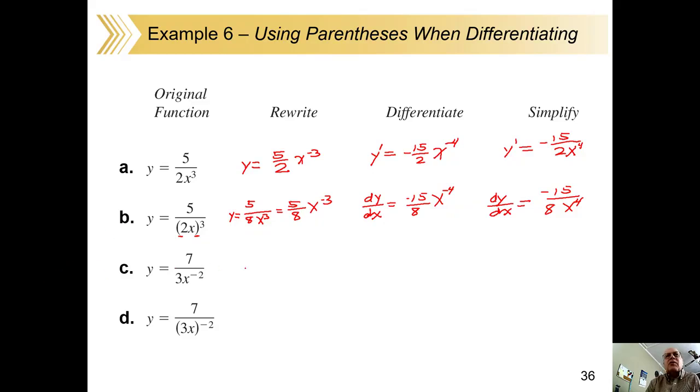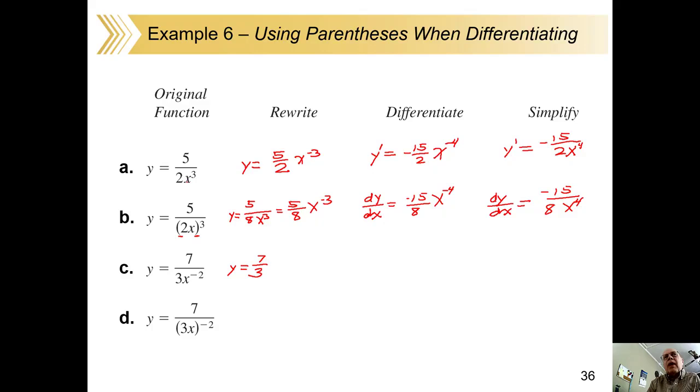Maybe you can do this faster than I can. First of all, rewrite. Now note right off the bat, this has a little bit of a different wrinkle. That's why we've got several examples. First of all, there's our coefficient. Notice we've got x to the negative 2, but it's in the denominator.